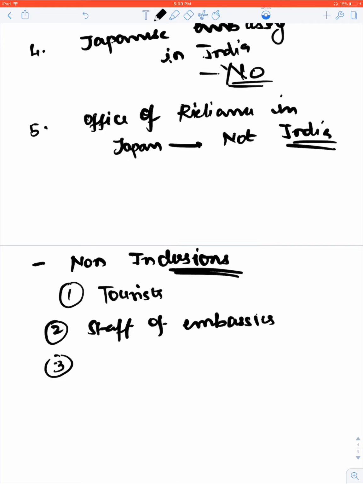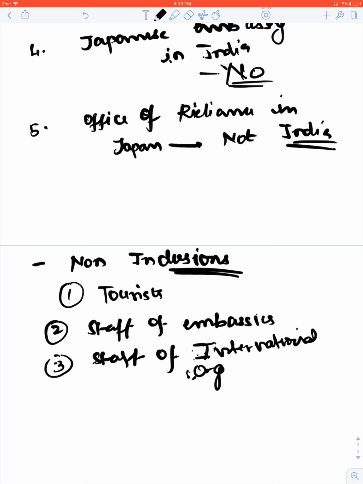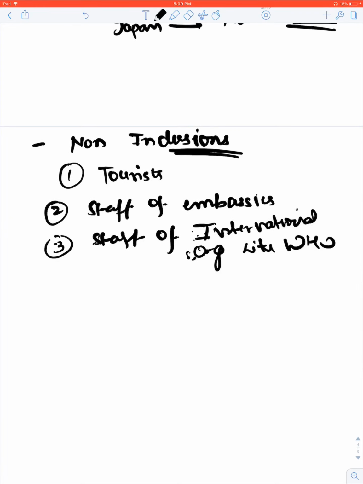Staff of international organizations like WHO belong to the countries from which they are originating.